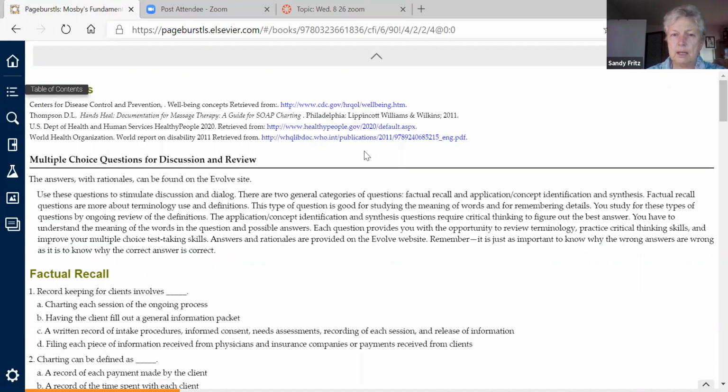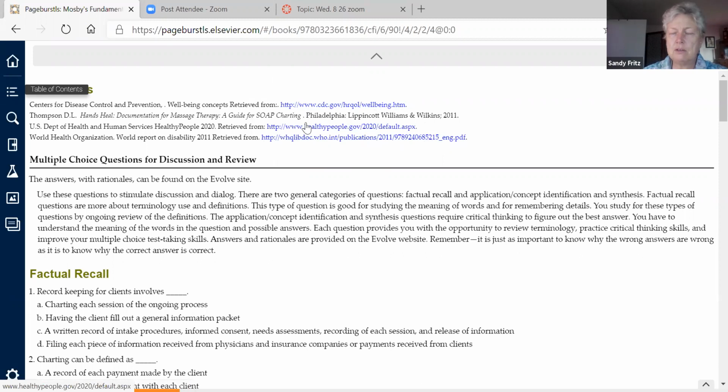A textbook is dated as soon as it's written, and anything that changes after that, you're going to have to find other ways to stay updated. So when you look at these different websites and resources, they can make sure that you're staying current.